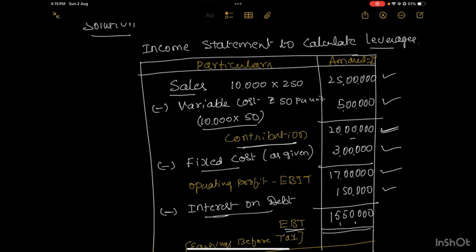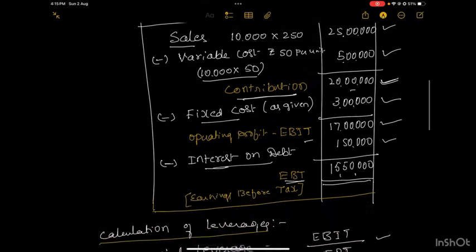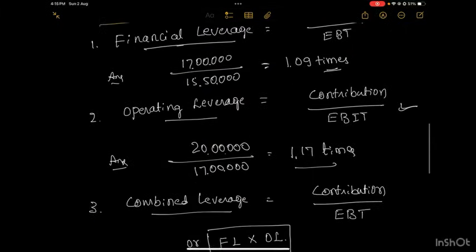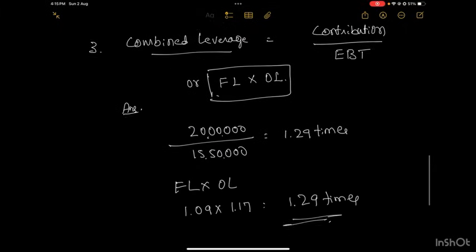It's a common statement for finding the contribution, EBIT and EBT. The information may differ, but depending on the available information, you have to make it clear. So sales minus variable cost is equal to contribution, minus fixed cost becomes operating profit, that is EBIT, minus interest, you will get EBT. Based on this, you have to apply the equation and find the answer.